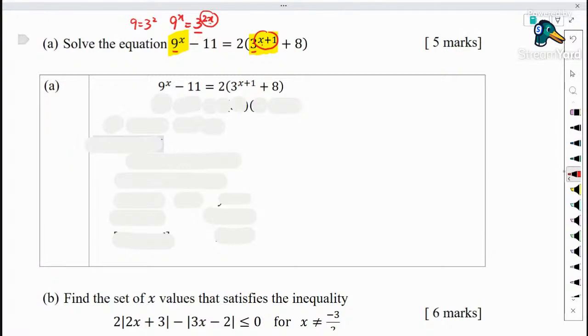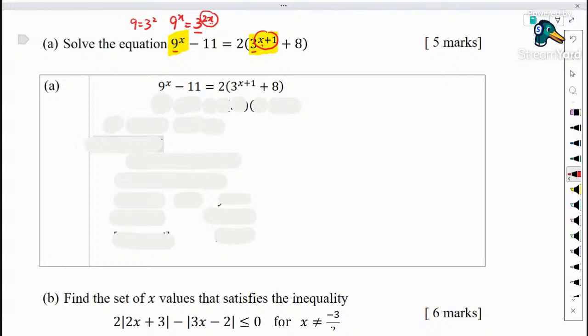So the 2x is two times x. The power here is two times the other. So I suppose this is the case that we're going to solve using the quadratic case of the indices equations. And in order to have a better view, later we're going to do substitution on 3 power of x.